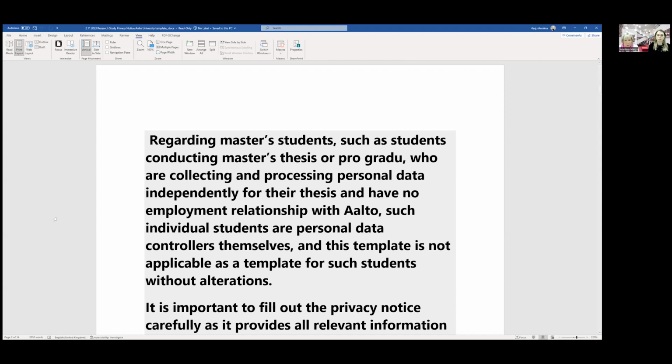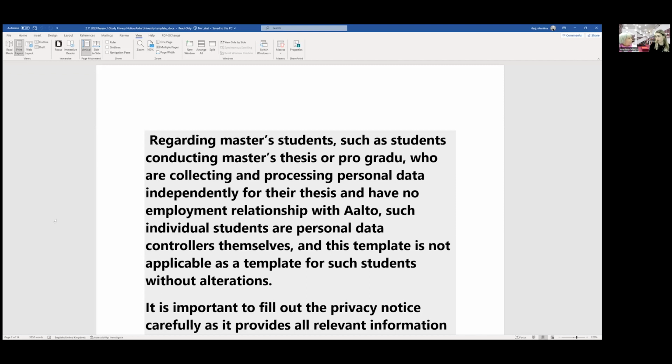For master students, we have a policy that they are, as persons, controllers of their own data, so this would need many alterations. So we are concentrating today on a scenario where you are an Aalto University employee and Aalto University is the controller of personal data.